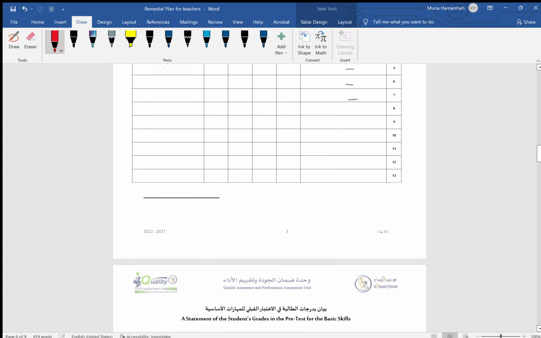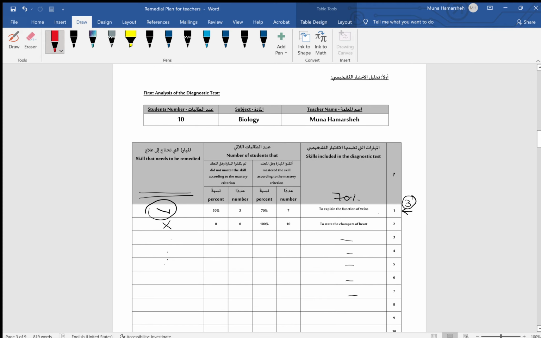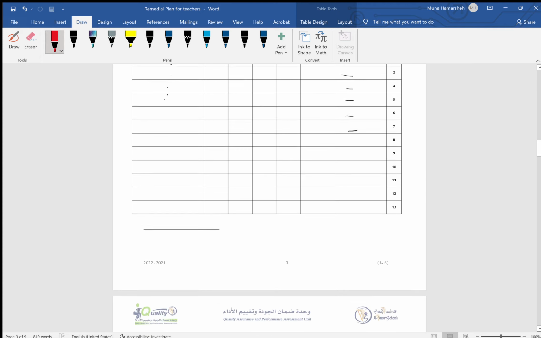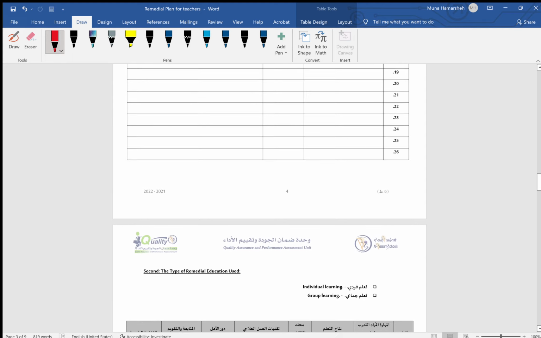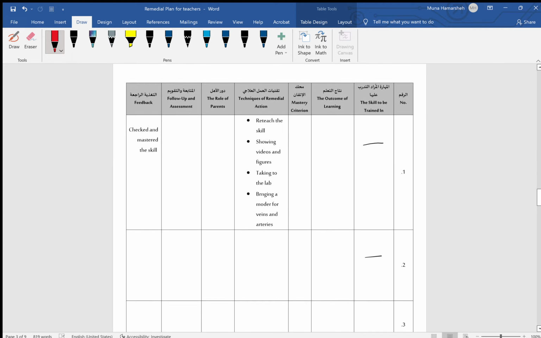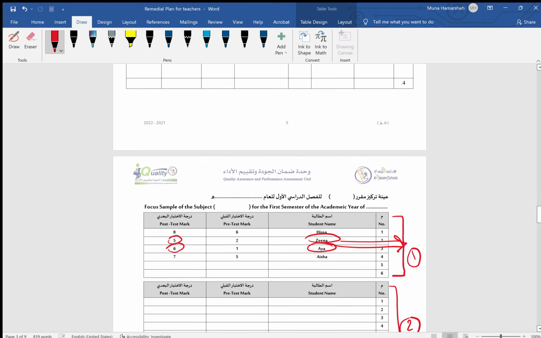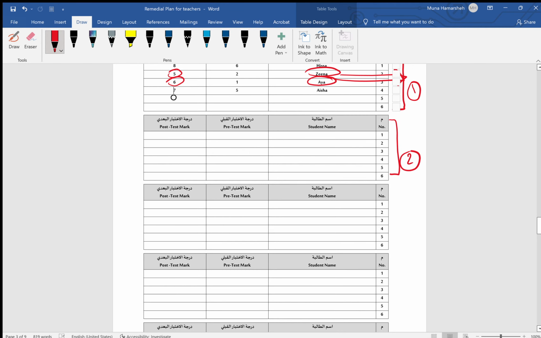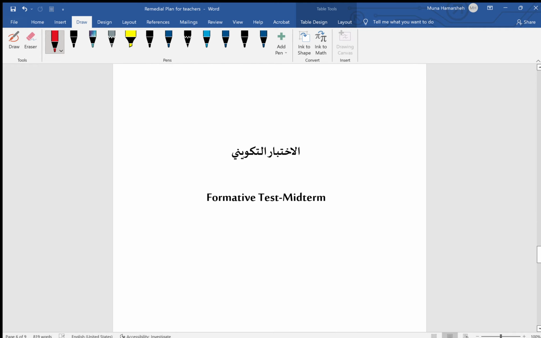For each chapter, you should go for this remedial file plan, so that at the end, when you go for the midterm, you will have a clear image of the students who are mastering and who did not master the skills, and how to support and help them.